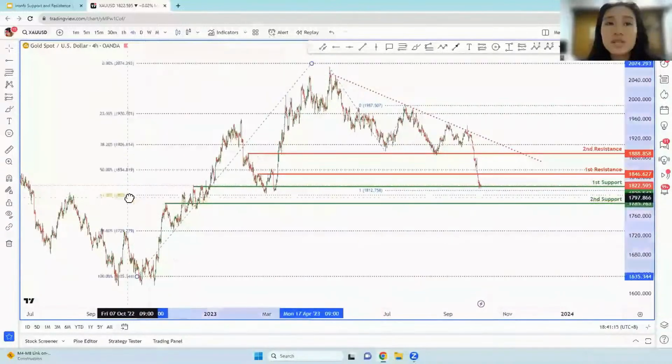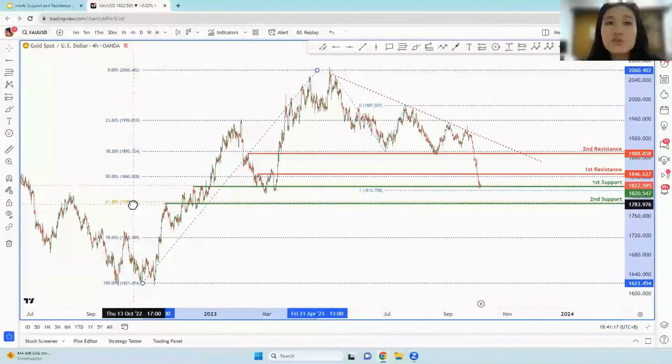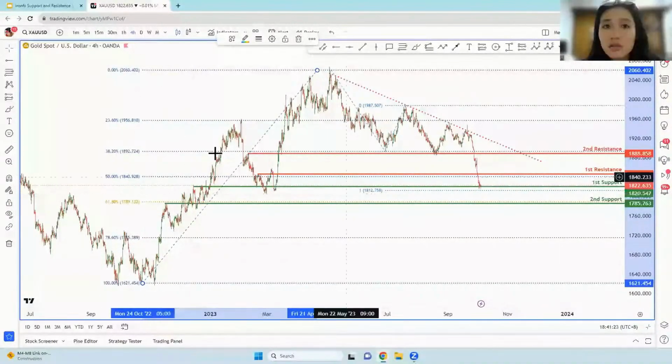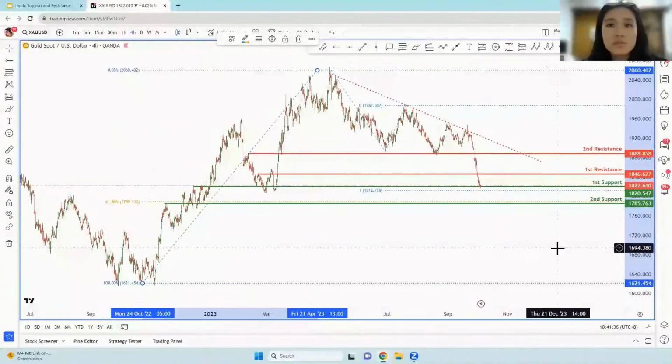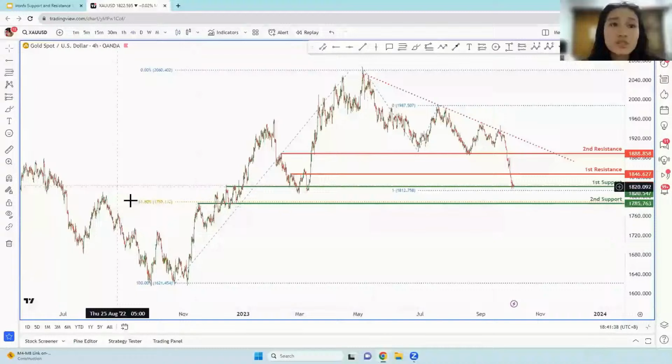Okay. Here I can see that this Fibonacci retracement lines up with my 61.8. The 50% is no longer valid because price has already broken out of it. So just my 61.8. Okay, and this is a retracement.